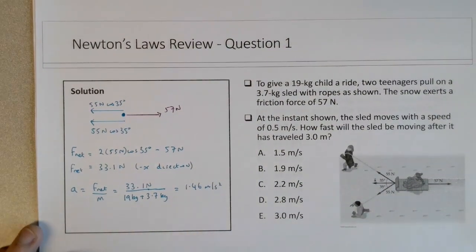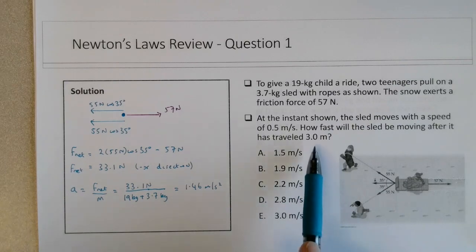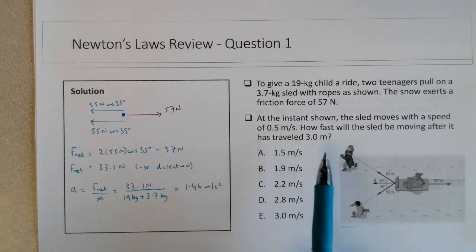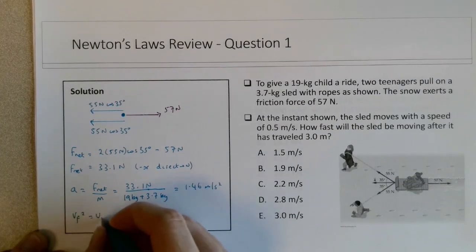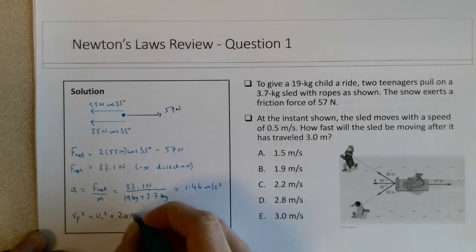So now that we know the a, we're trying to figure out how fast the sled and child will be moving. Assuming that this is a constant acceleration, we can then apply constant acceleration kinematics in one dimension. And we want to know how fast the sled will be moving after a certain distance, so we have no time. And so I'm going to solve for Vf. So I know Vf squared is equal to Vi squared plus 2a delta x.